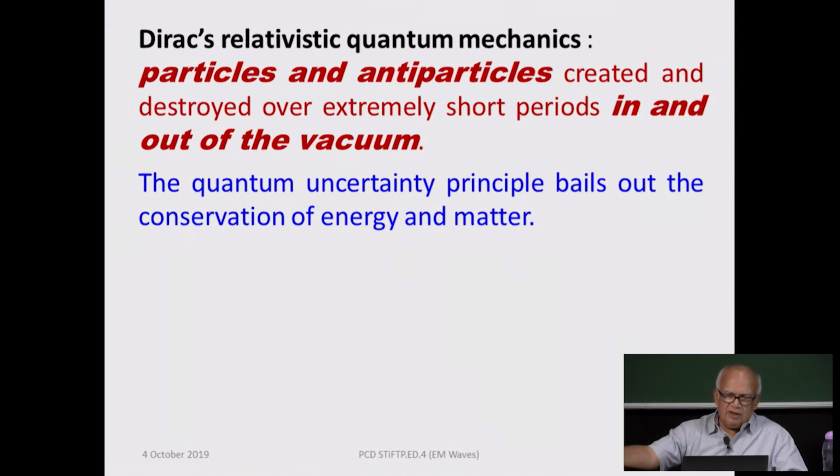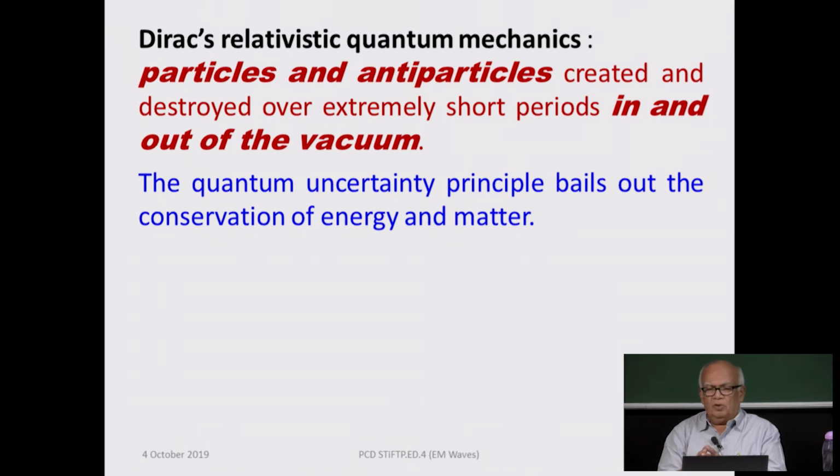And when you get into relativistic quantum mechanics, which was formulated by Dirac, Dirac talks about the possibility, the relativistic quantum mechanics accommodates the possibility of the creation and destruction of particles and antiparticles. And this can take place in vacuum. So out of vacuum, particle and antiparticle pair can be generated and can also be destroyed. And you can have this happening in vacuum.